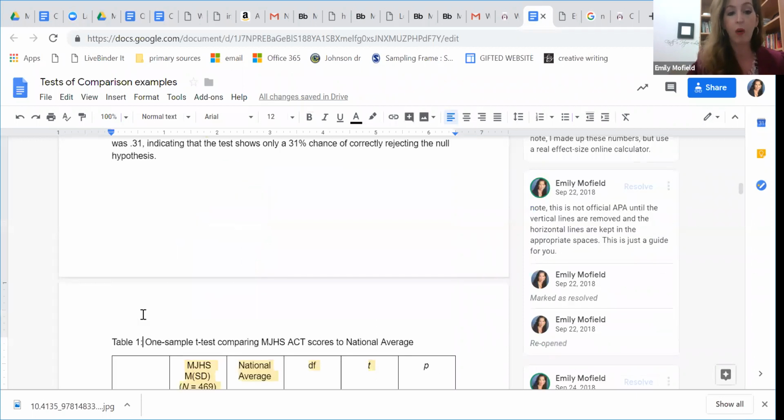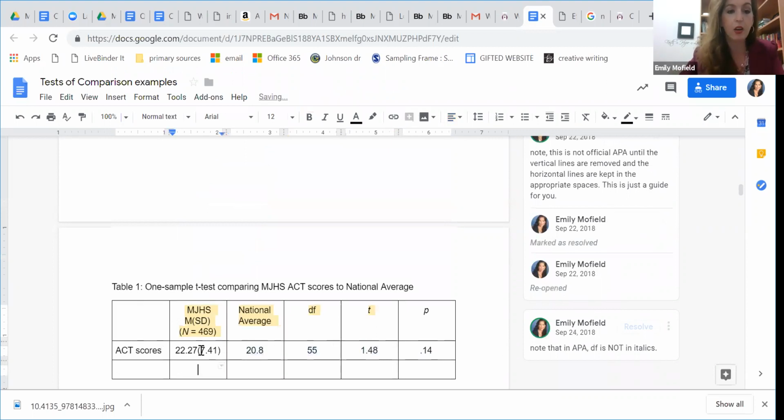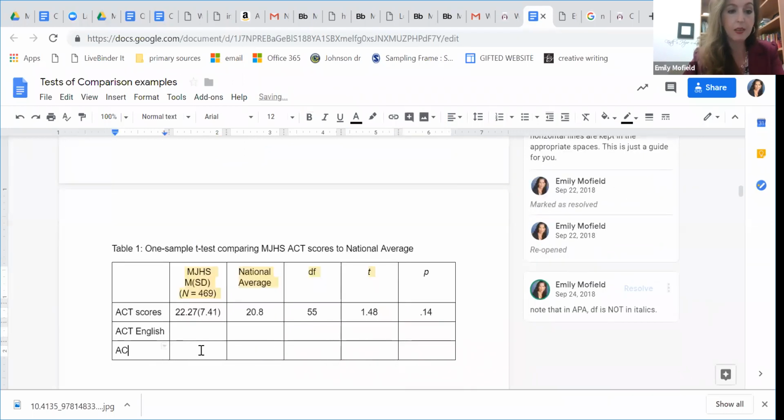Now, if it was just ACT scores and that's all you compared, I don't think a table is necessary. This is exactly what you just said in your narrative. However, if you were looking at, okay, I'm going to actually compare ACT English and also ACT Math, and a few other dependent variables, ACT Science, then it would make more sense to have a table with all of these.